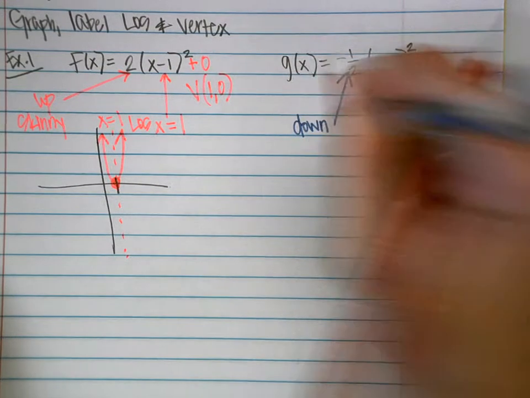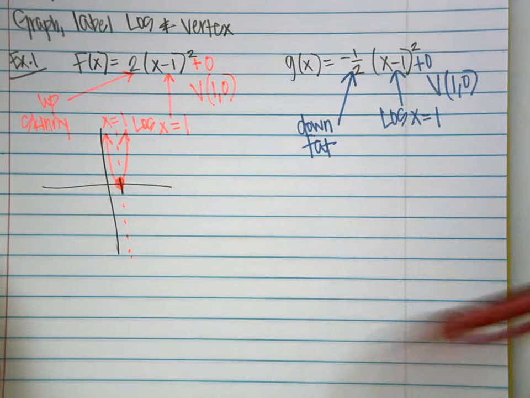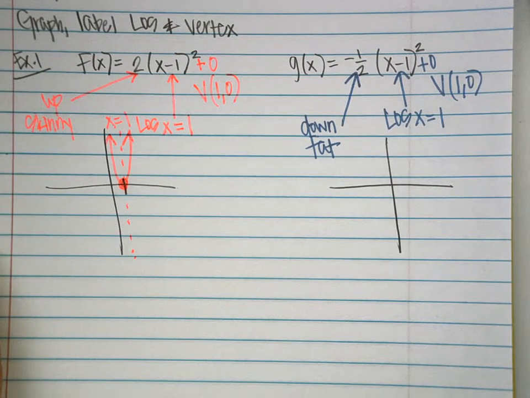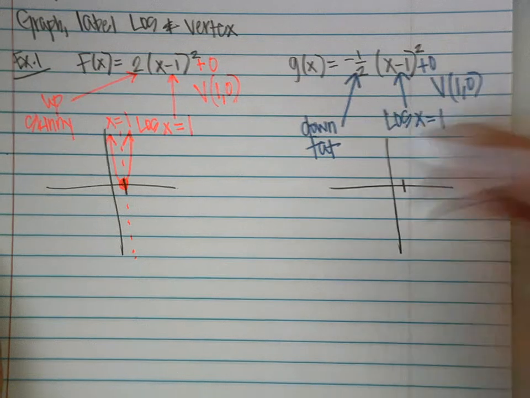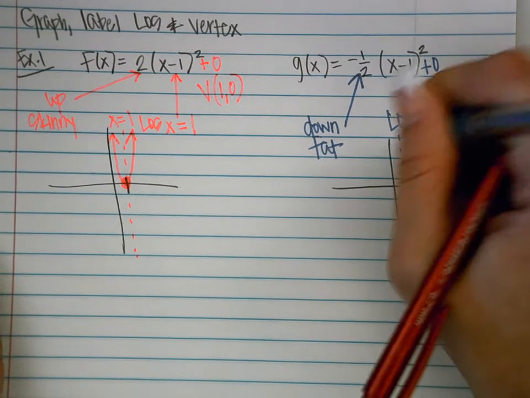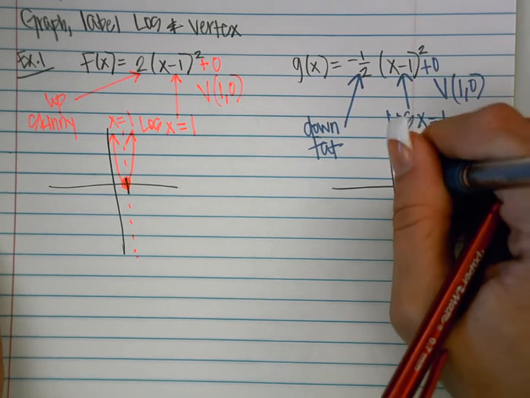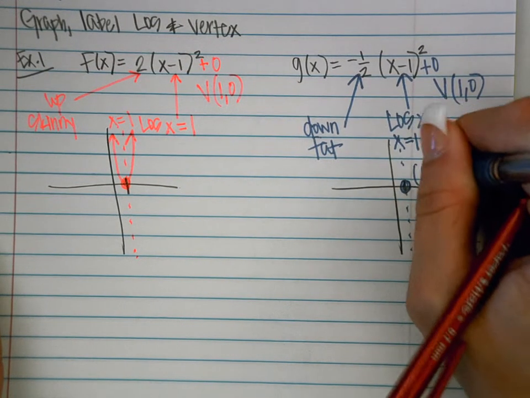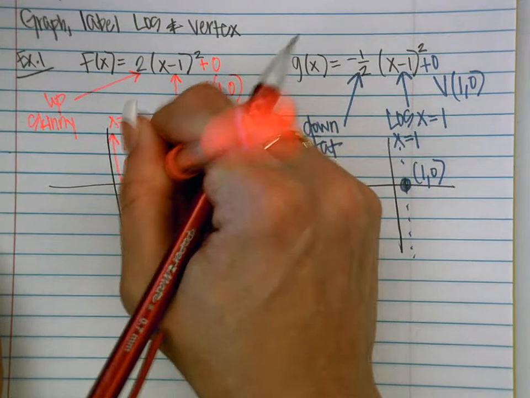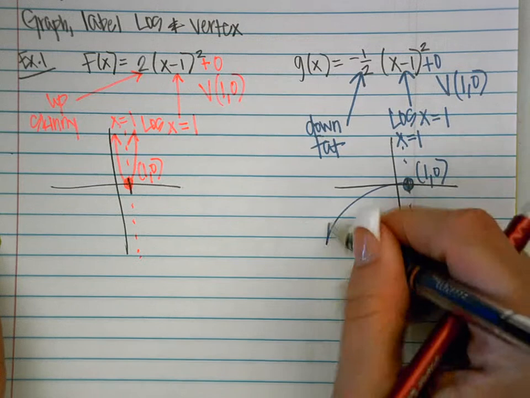And is it fat, skinny, or normal? Fat, because it's a fraction. So again, I'm going to graph this. Line of symmetry is x equals 1. Vertex was over 1, up 0. And we decided that this one was opening down and it was fat.